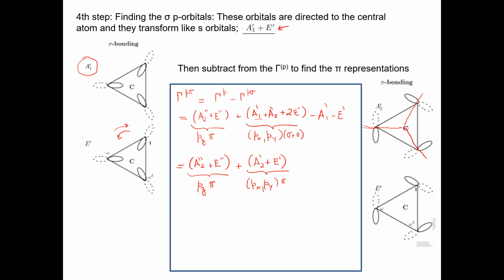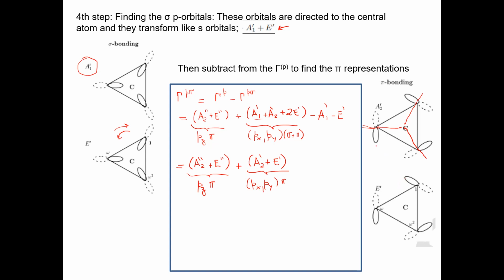Okay, so this is the A2 prime combination, and when I add some phases, this should give me the E prime combination of p orbitals.